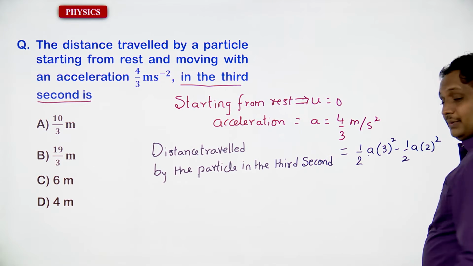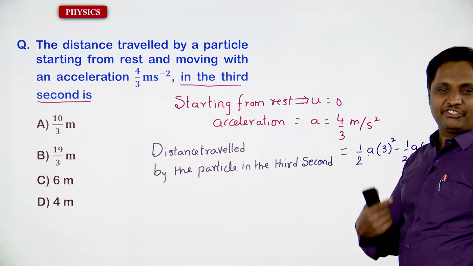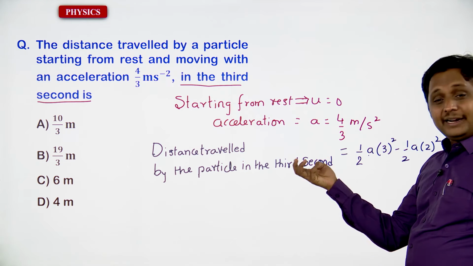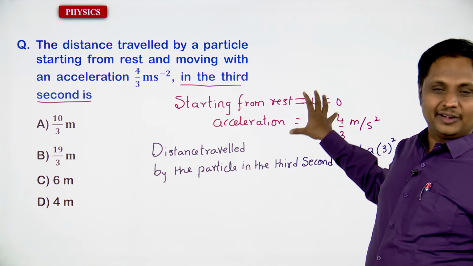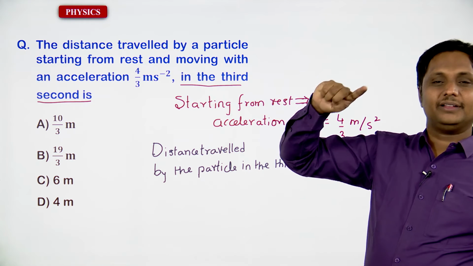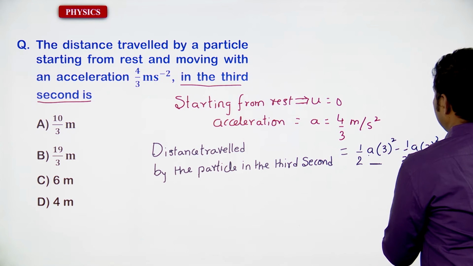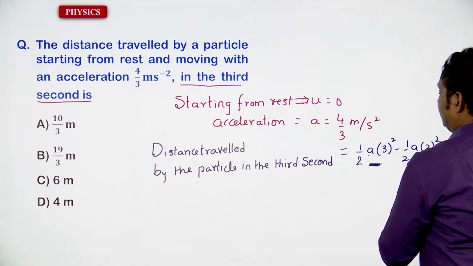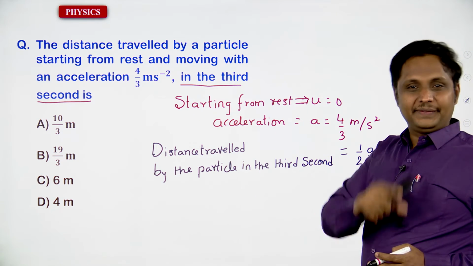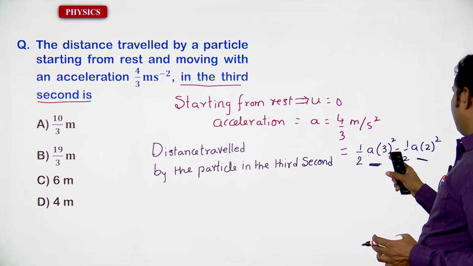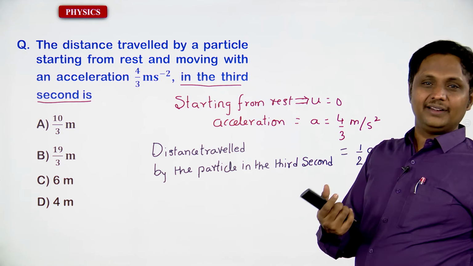How have we adopted this expression? Distance travelled by the particle in the third second is equal to the total distance travelled in 3 seconds minus the total distance travelled in 2 seconds; they are subtracted. Total distance travelled in 3 seconds is considered, and you subtract the distance travelled in 2 seconds.